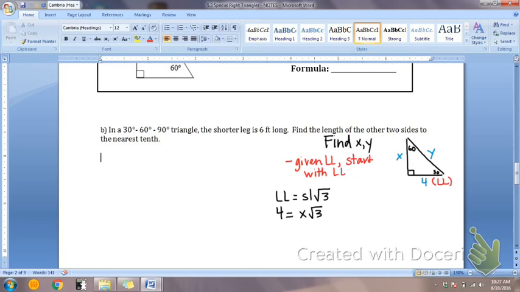How do we get x by itself? Divide by radical 3. And now what's the problem? You gotta rationalize. Okay, do it. You know how to do these.